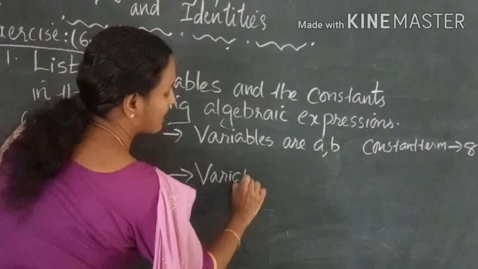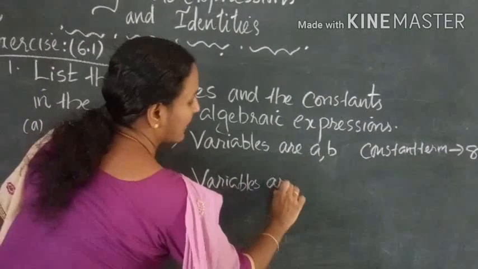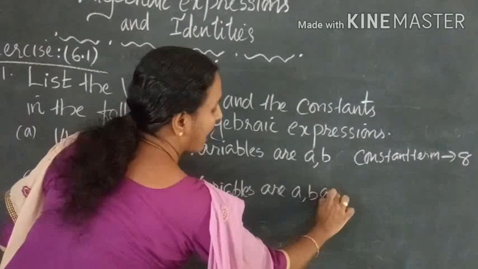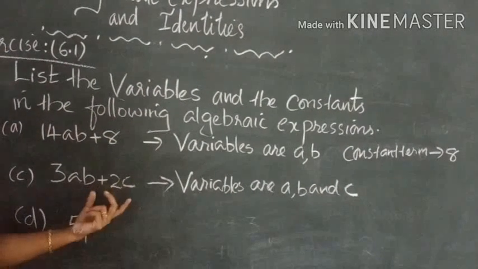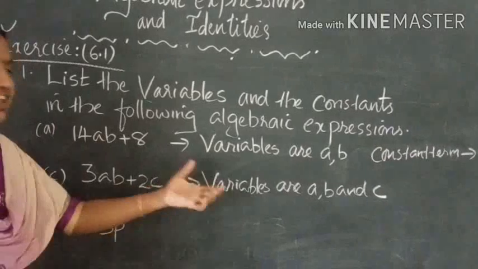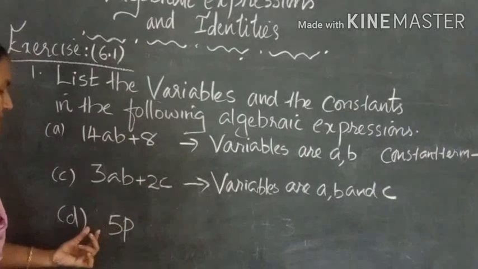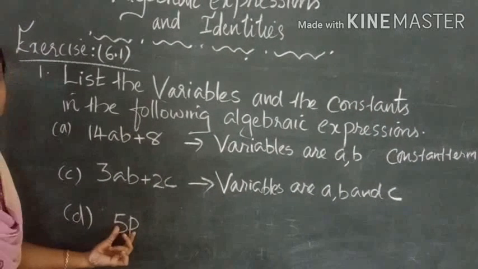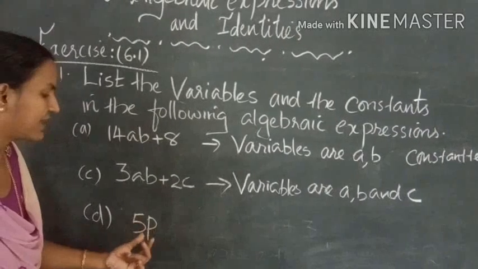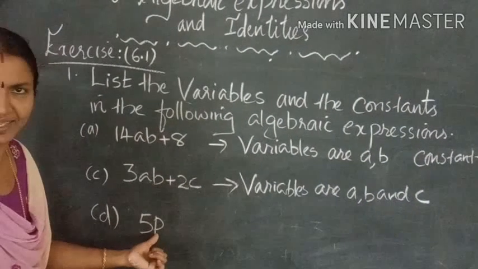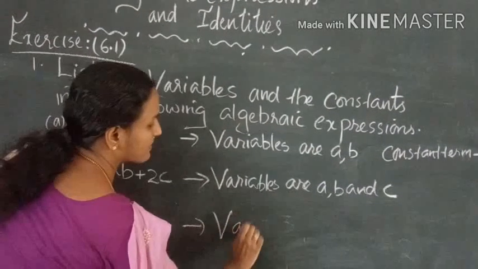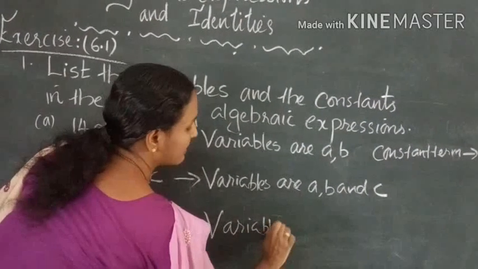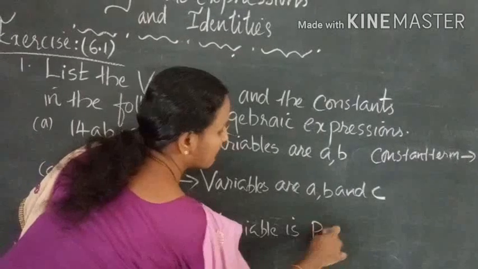There are no constant terms, only variables a, b and c. Then the next option, 5p. Here the variable is p. There is no constant term.